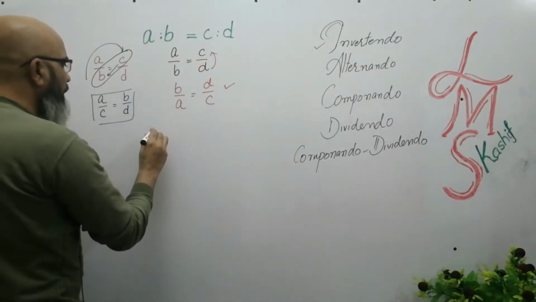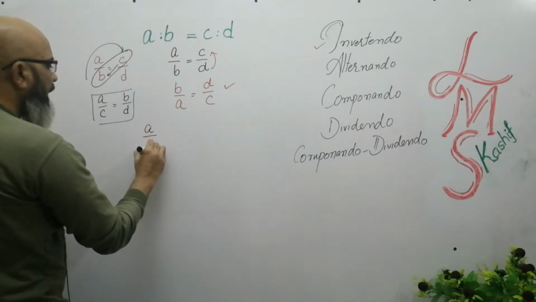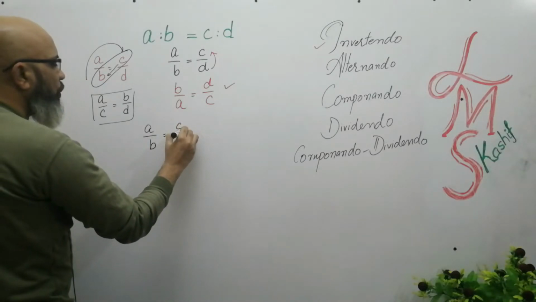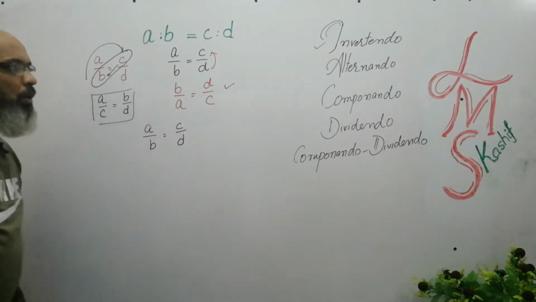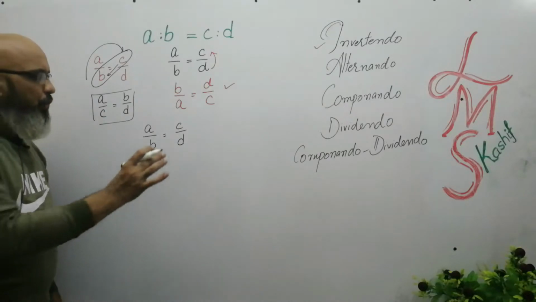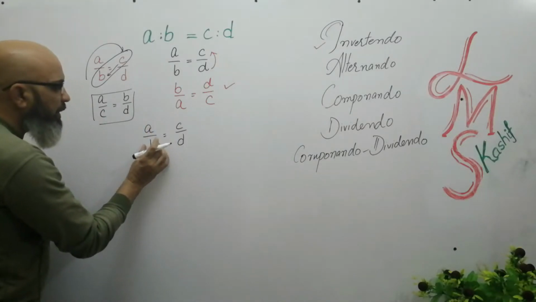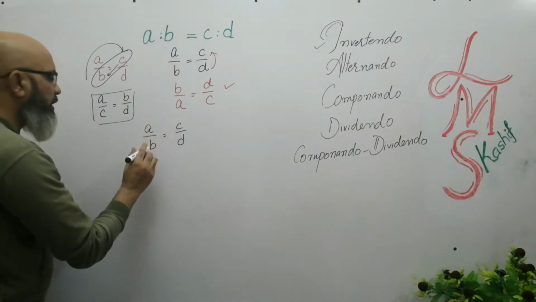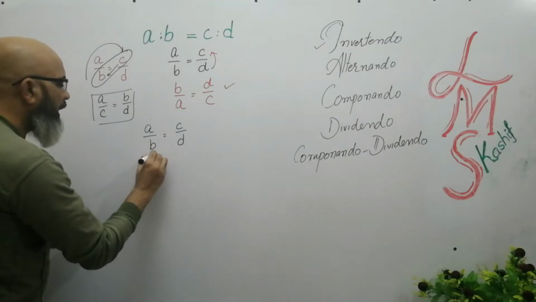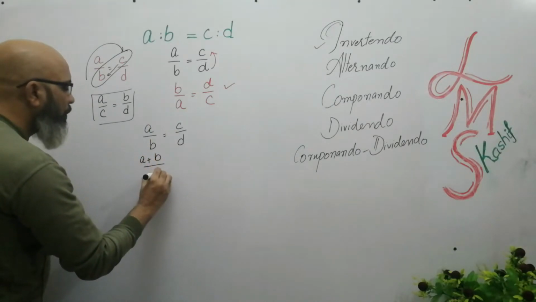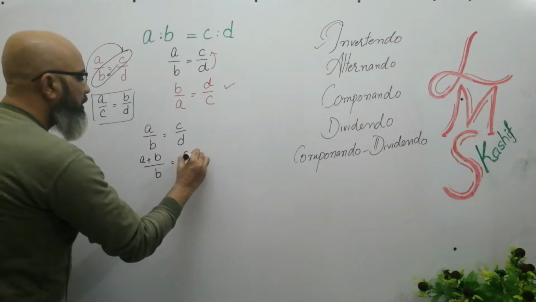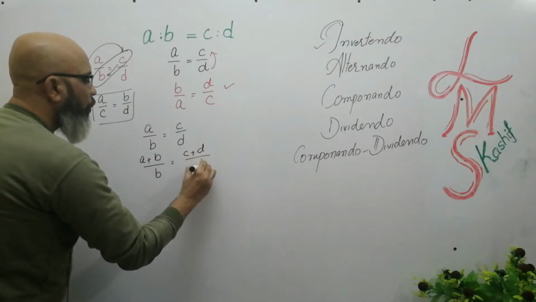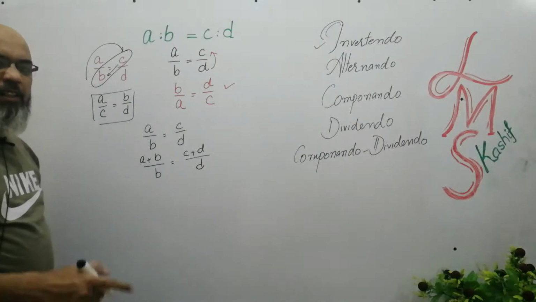So next one is componendo theorem. I again write this one. A over B is equal to C over D. Now componendo theorem. In componendo theorem, we will add the denominator with the numerator. Means A plus B over B is equal to C plus D over D. Right? This is the one part.